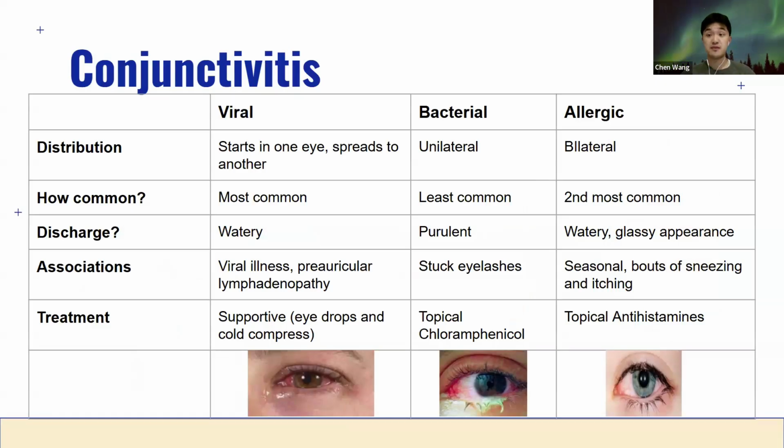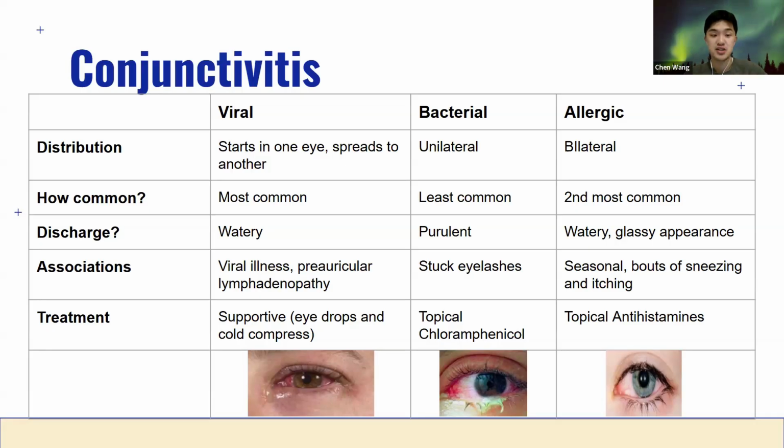And it's really important to be able to differentiate between these subtypes. So remember, conjunctivitis is one of the only R1s in ophthalmology. It's good to have a really good understanding of this condition. So for viral conjunctivitis, usually it starts in one eye, and due to rubbing of the other eye, it can spread to the other eye as well.